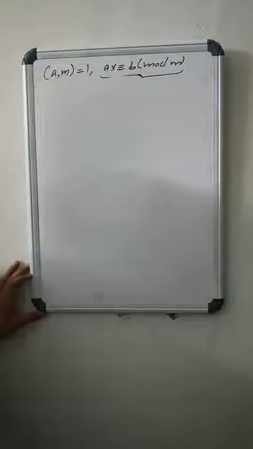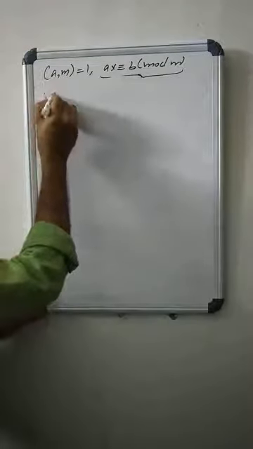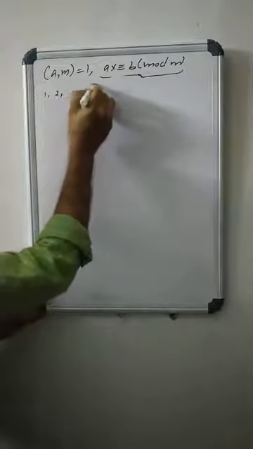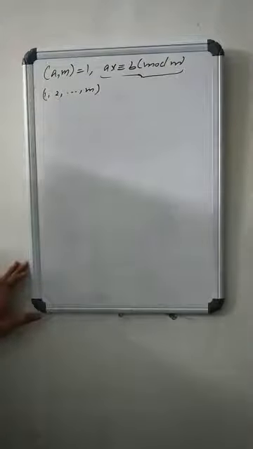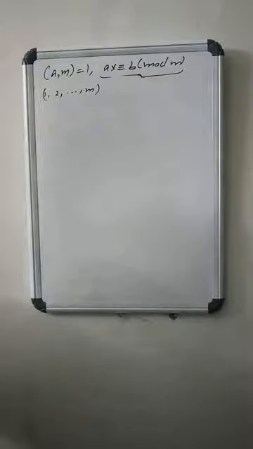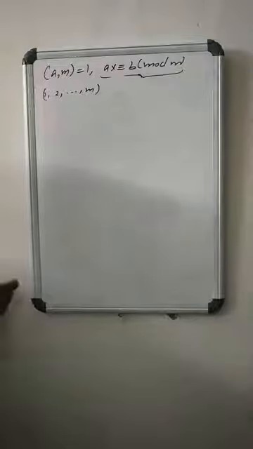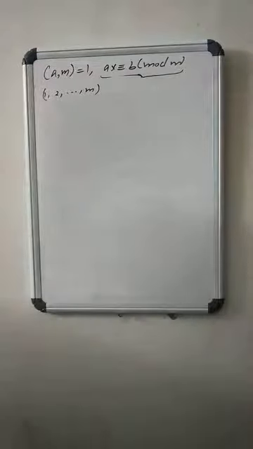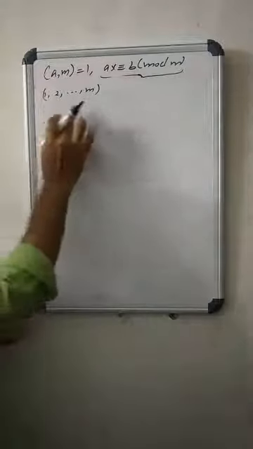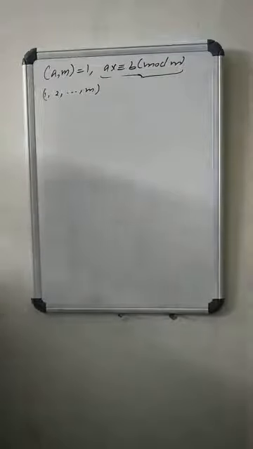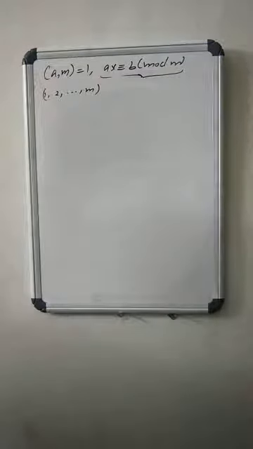Here we need to test the numbers 1, 2, up to m. Why? Because the set 1, 2, up to m always constitutes a complete residue system mod m.